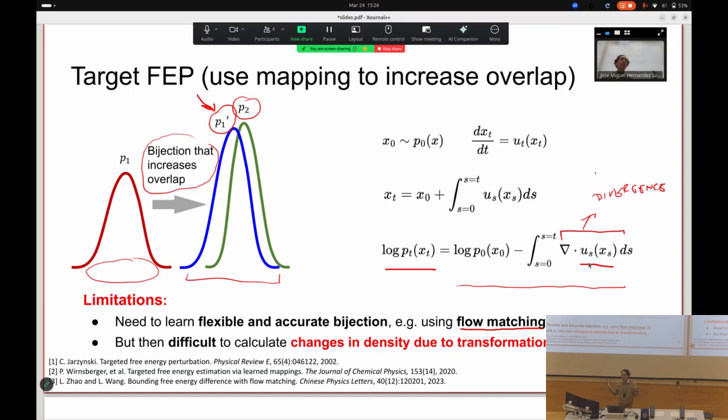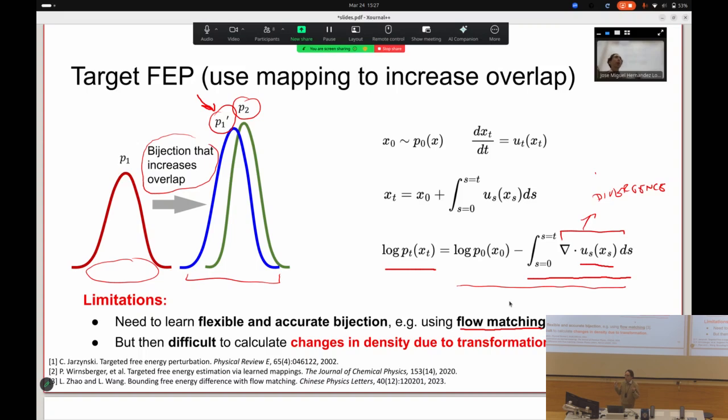So if your data has dimension d, you need to backprop over your network d times to calculate just this divergence, and it appears in an integral. It's going to be extremely slow. So this works only on very small problems. As you go to bigger problems, with a large number of atoms, the dimension increases, this thing is expensive and you cannot apply it in practice.